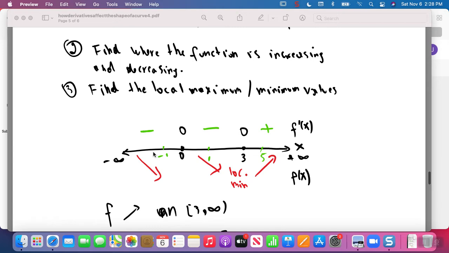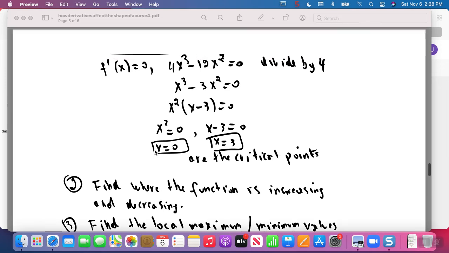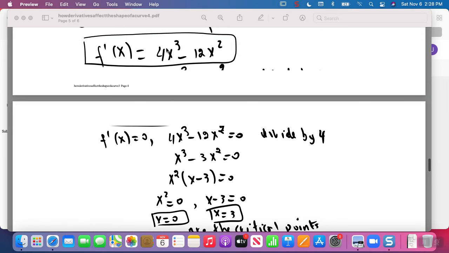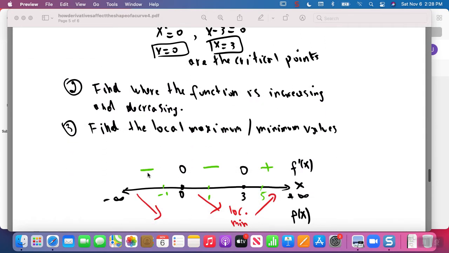So here, on the first interval, we pick a test point, like -1. We're going to plug this into the first derivative function, f prime of x. If you plug in -1 for x, you're going to get a negative number. So that means the first derivative is negative on this interval.